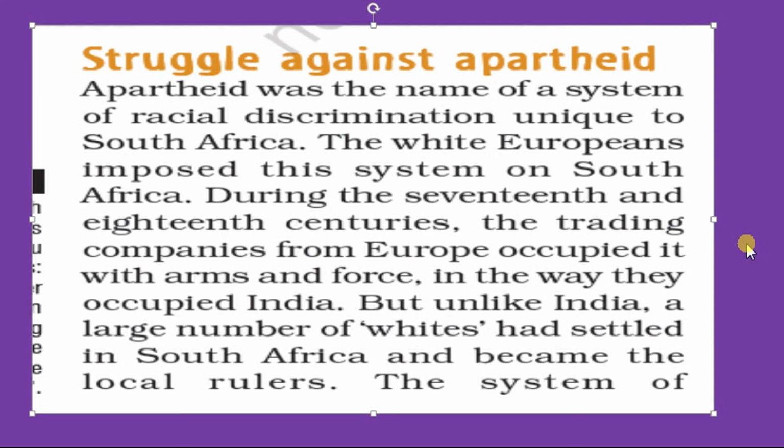But unlike India, a large number of whites had settled in South Africa and became the local rulers. So in South Africa, the European white settlers settled down there and started harassing the local people or the natives of South Africa.